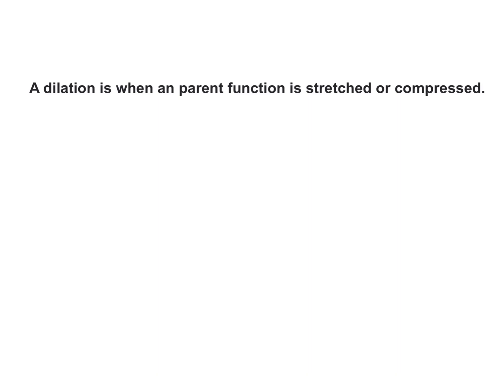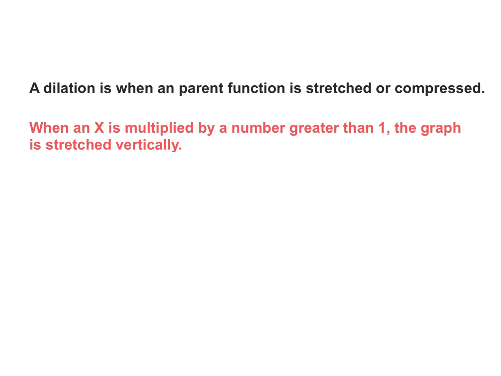So there's two different things that we need to pay attention to in order to determine how those numbers are going to affect the shape. First off, when we multiply x by a number greater than 1, then the graph is going to be stretched vertically.